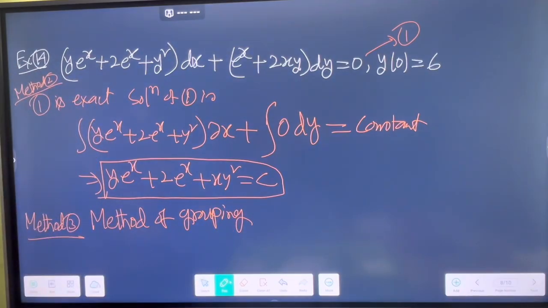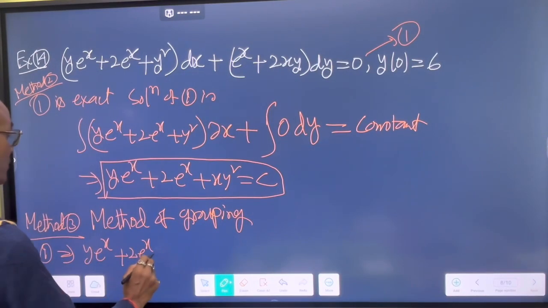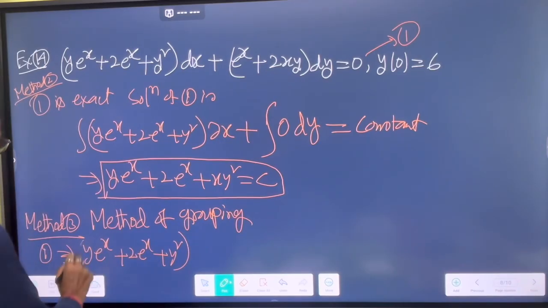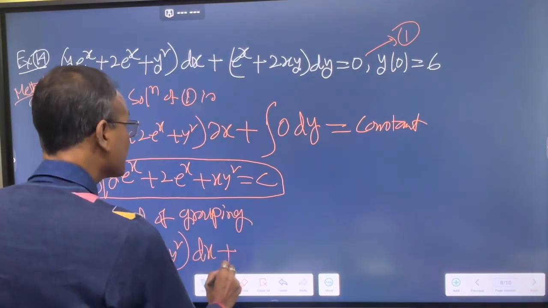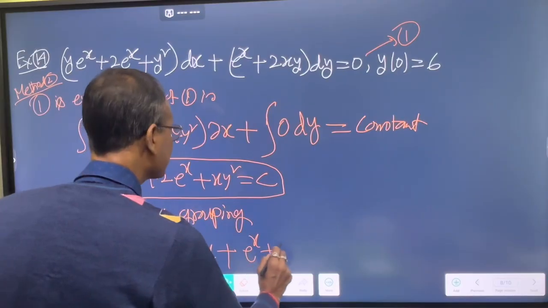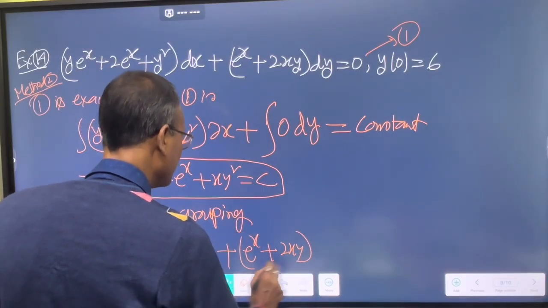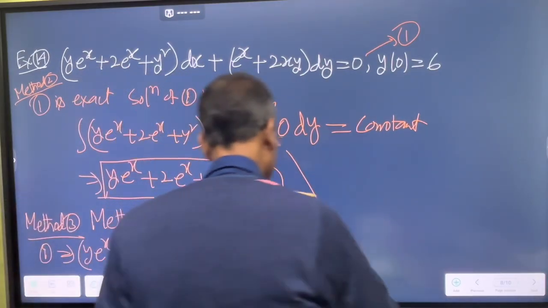(1) is exact. (1) can be written as y e to the power x dx plus e to the power x dy, plus twice e to the power x dx, plus y square dx plus twice x y dy.